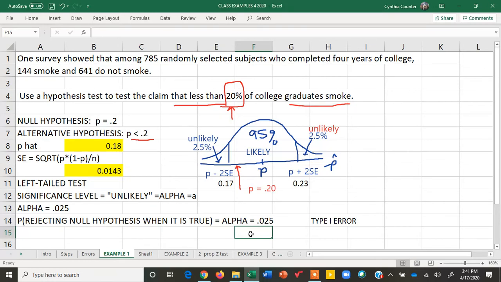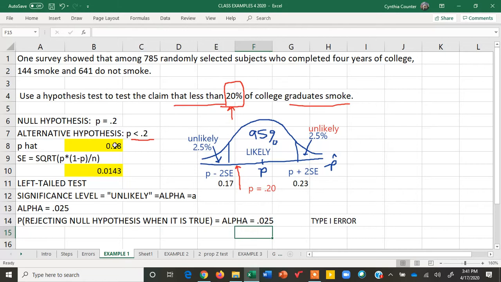Okay, so let's again look at what we have so far. We have a set of sample data consisting of 785 randomly selected subjects who completed 4 years of college, and 144 of those subjects are smokers.